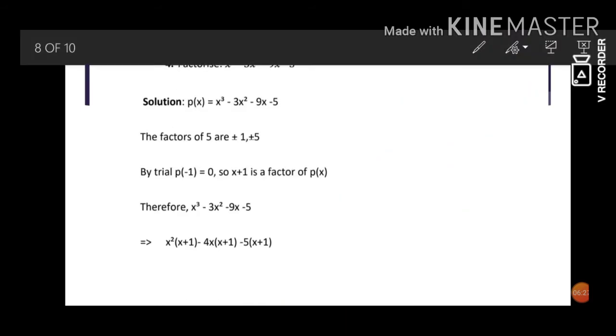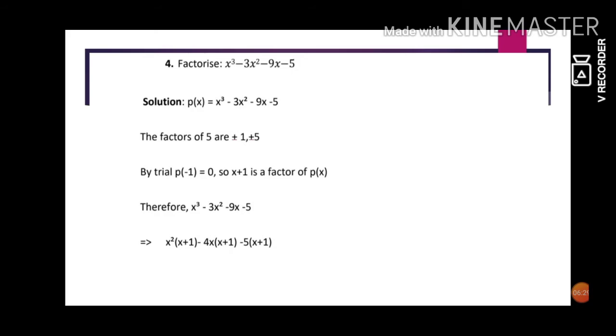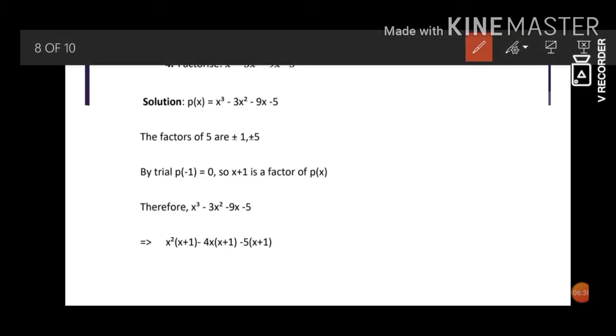And lastly, we have the question of factorizing a cubic polynomial. In a cubic polynomial, we first have to see the last number, and from there we can determine the probable factors. The last number is 5, so the probable factors will be plus minus 1 and plus minus 5.